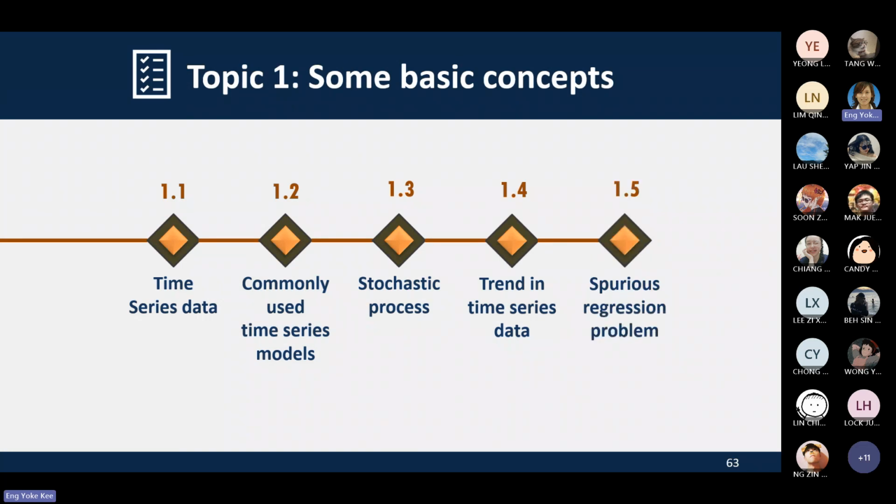Okay, so I guess this concludes the material for topic 1. We will try to go through one example on spurious regression problem so that you can comprehend more. So let's conclude on topic 1. This is some basic concept that you need to know.